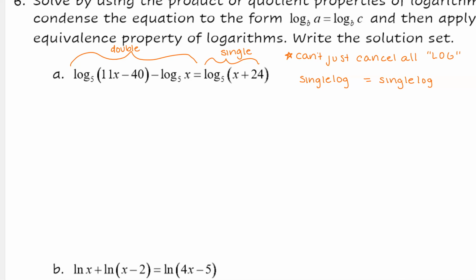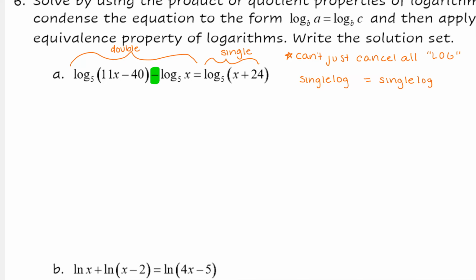There's no additional adding or subtracting, and so I can force it into single log equals single log, but I'm going to have to use a rule to get rid of a double log. So think back in your brains, what does subtraction turn into?